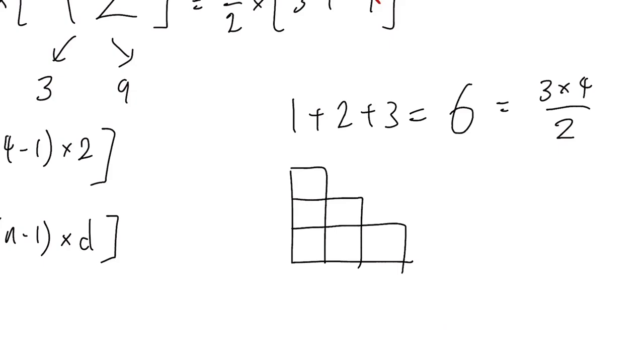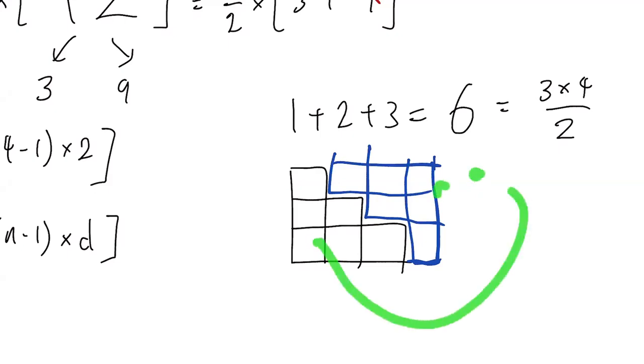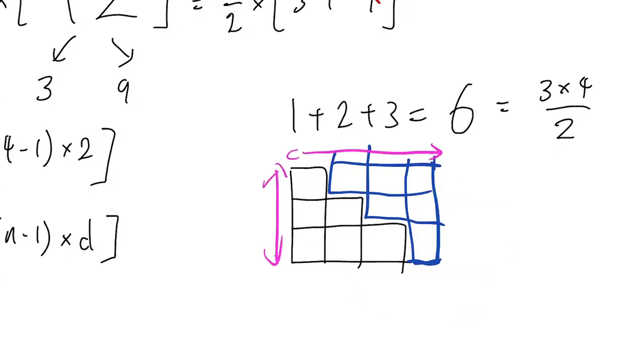So you can have something like this, and then like this. Can you see? So I took the staircase, flipped it upside down, and then joined them together. What shape do you get here? A rectangle.